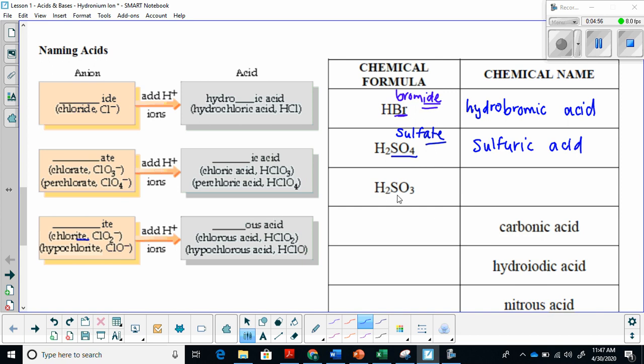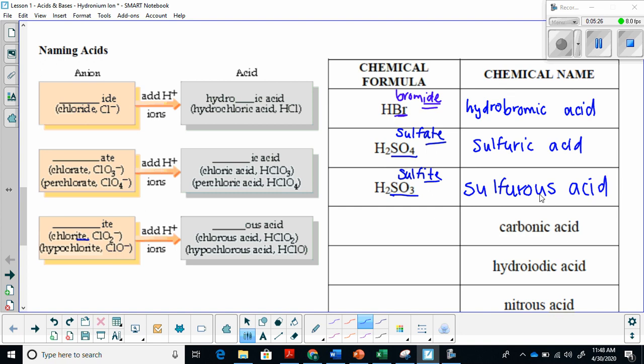So here, attached to the hydrogens, we have sulfite, ends in "ite," so this acid will be sulfurous acid. Sorry, let's clean that up a bit. Sulfurous acid.